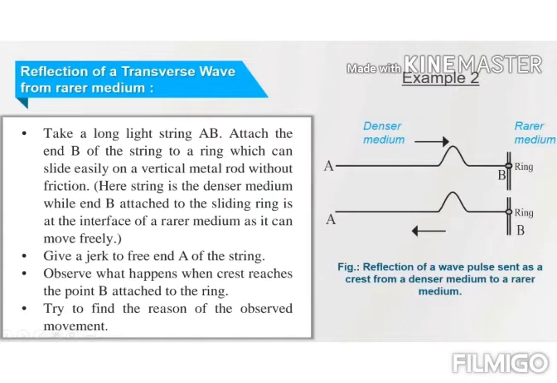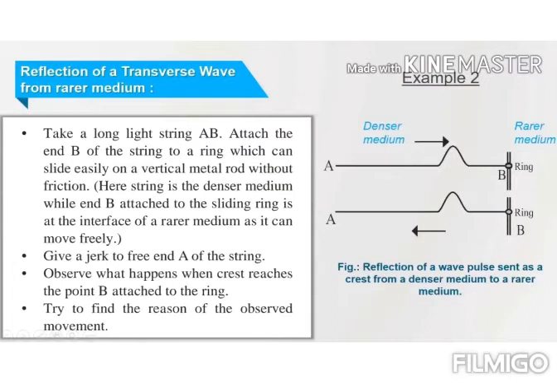See in the diagram, take a long light string AB, attach the end B of the string to a ring which can slide easily on a vertical metal rod without any friction. Here, the string is the denser medium while the end B attached to the sliding ring is at the interface of a rarer medium as it can move freely.